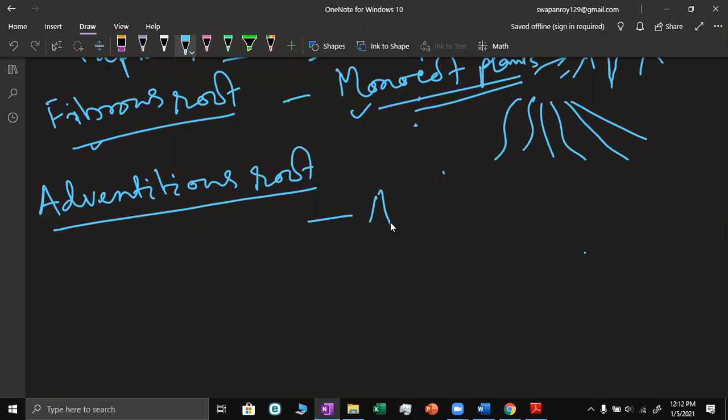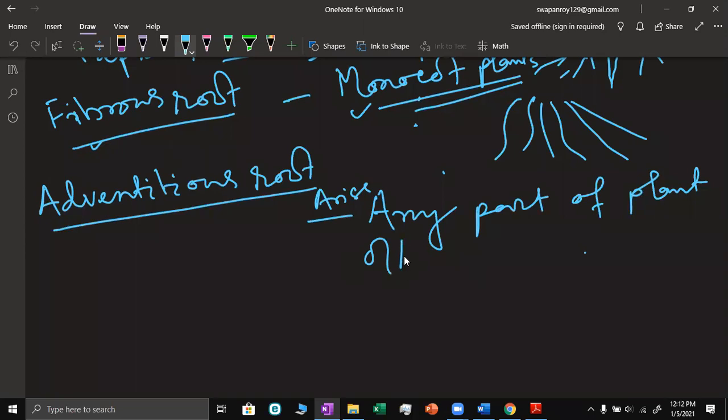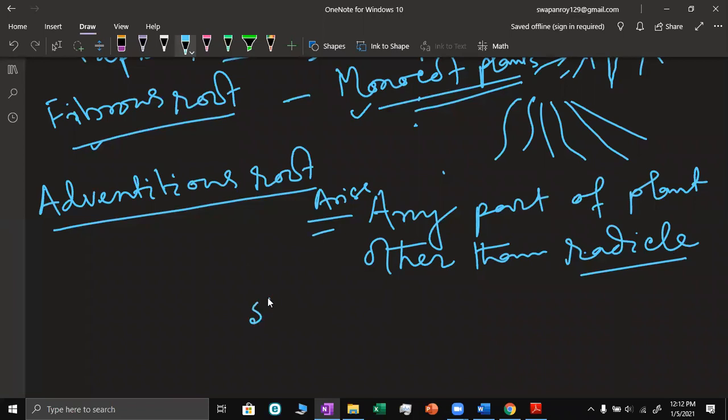Adventitious roots arise from any part of the plant other than the radicle. They can develop from any portion of the stem or the branches, and leaves.